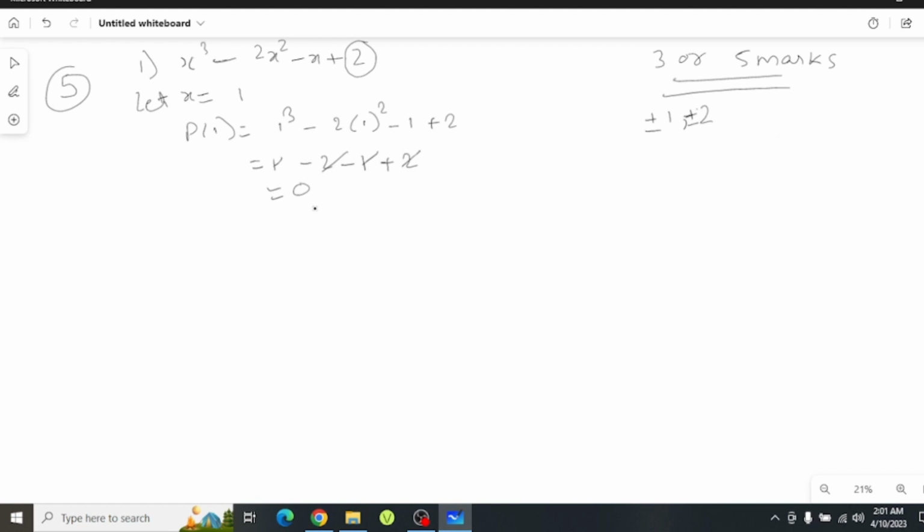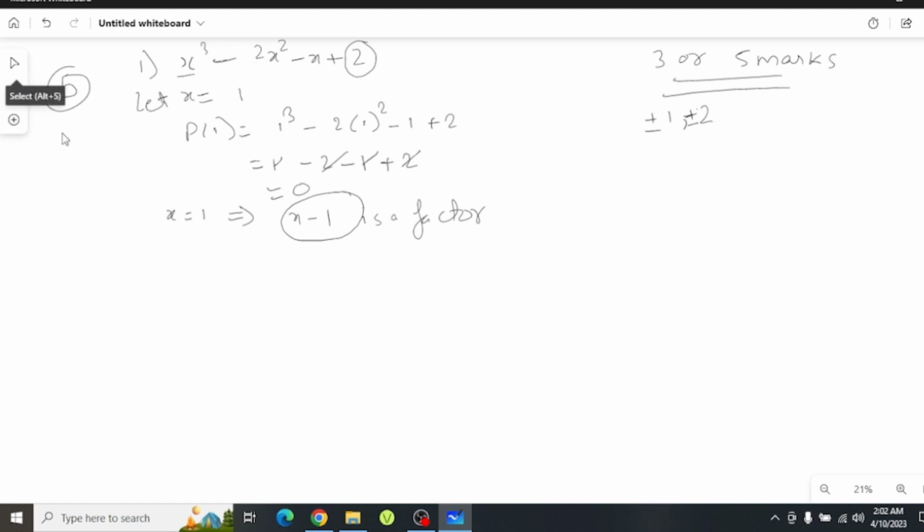Okay, and if the result is 0, we can say that x equal to 1 is a factor of this polynomial. Also we can say that x minus 1 is a factor of this polynomial. So here we have x minus 1 as a factor of this polynomial.